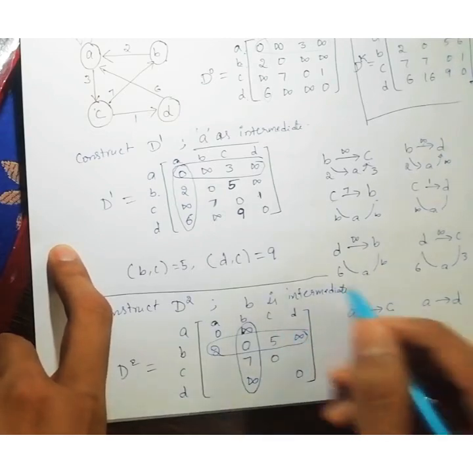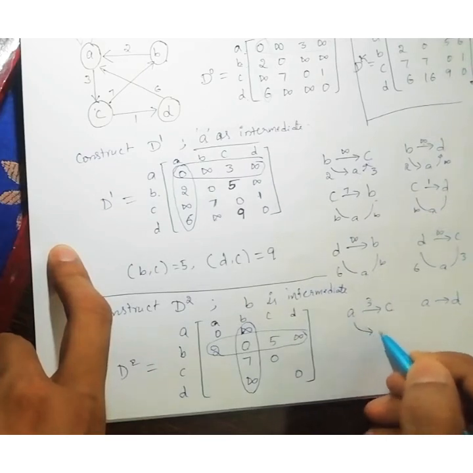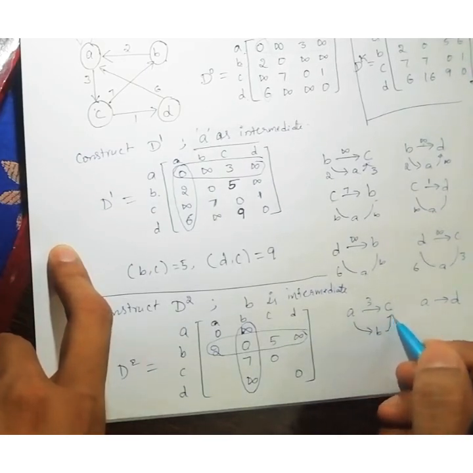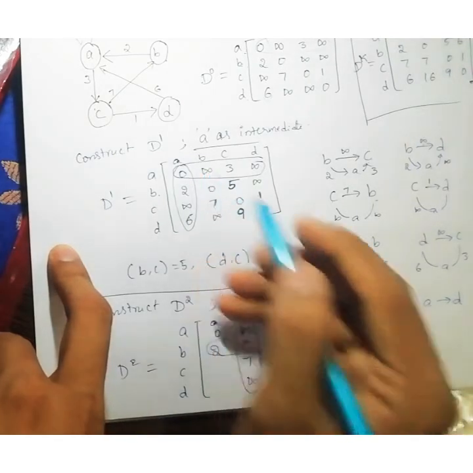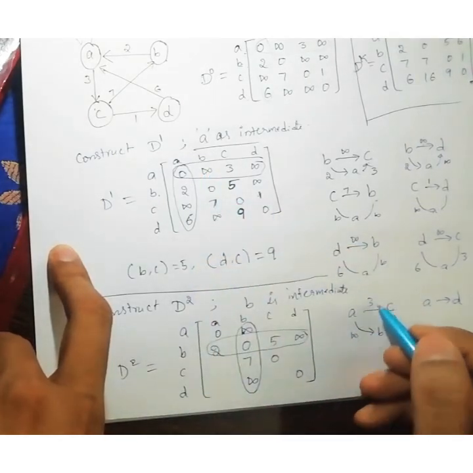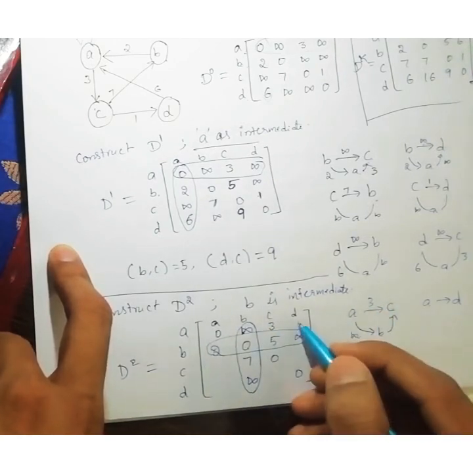Initially A to C, what is the value? 3. And if I take B as an intermediate node, are we getting a minimum path or not? We are checking. From A to B, what is the value? Infinity. So definitely the direct edge is the minimum. So it's still 3.